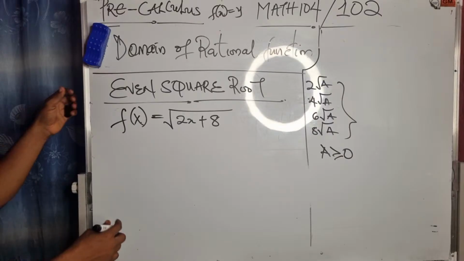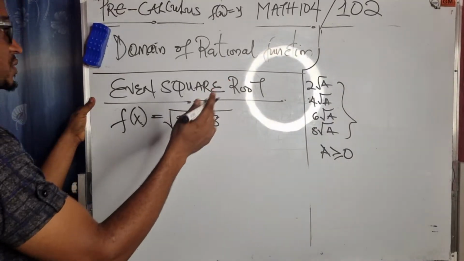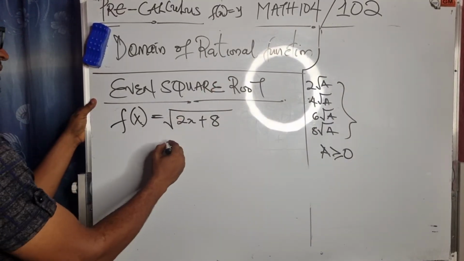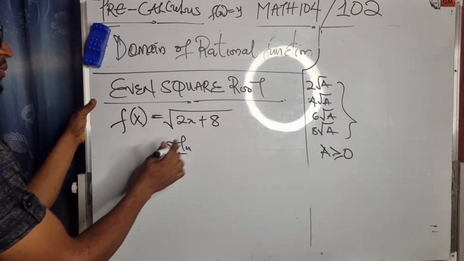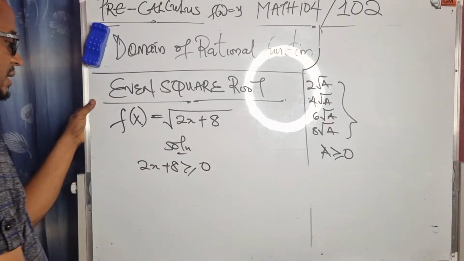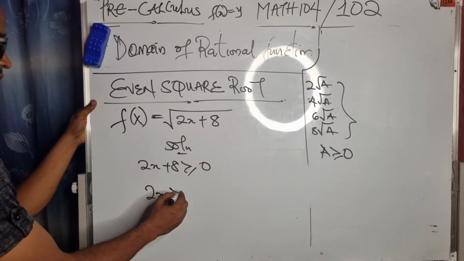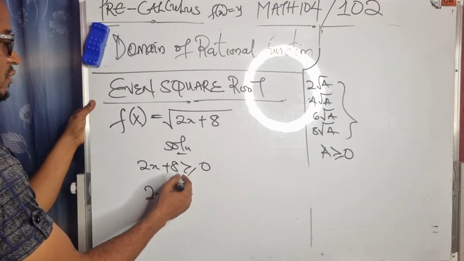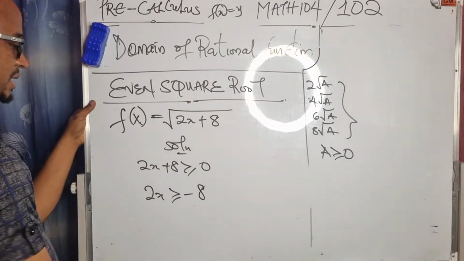The same thing we did here. This is an even square root function, right? So we have to set the polynomial, which is 2x plus 8, greater than or equal to 0. Here 2x is greater than or equal to, when you move this, minus 8.